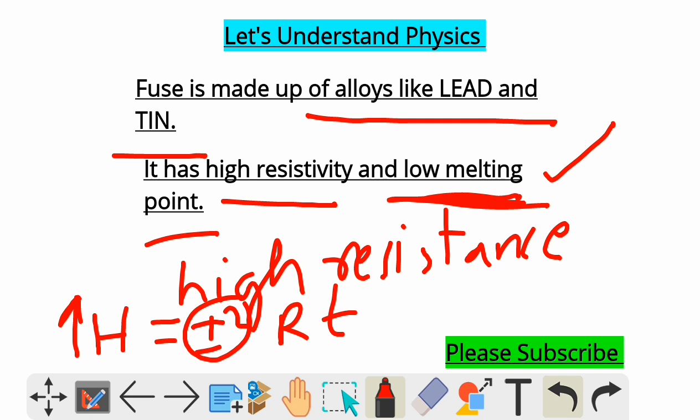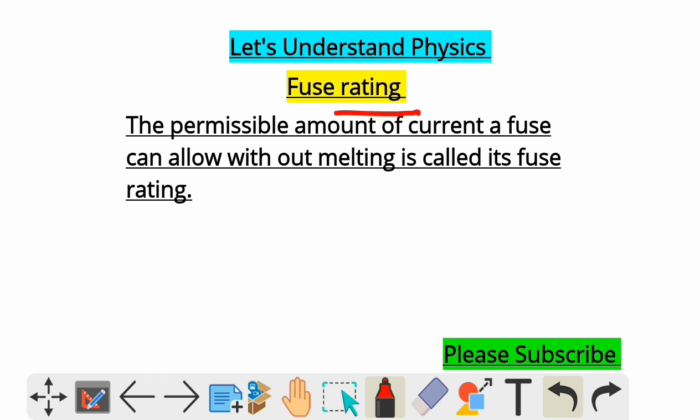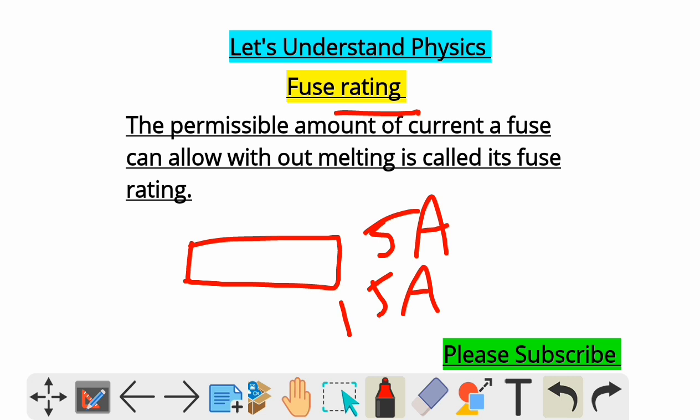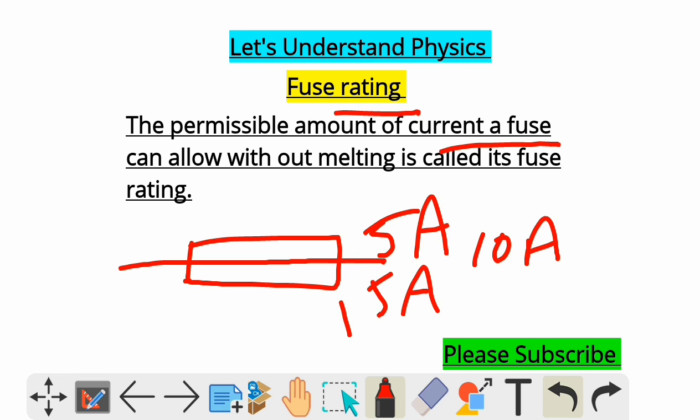Understood, everyone? Also, it should not melt again and again every time, isn't it? So for that we have to take a fuse with a proper rating. That is called fuse rating. This fuse wire will have a rating like 5 ampere, 10 ampere or 15 ampere. Ready-made fuses will be available. The amount of current which it can pass without melting, we call it the fuse rating.